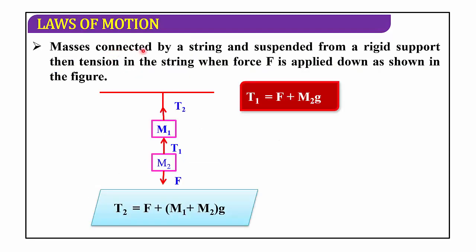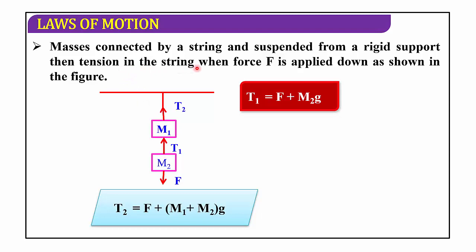Next point. Masses connected by a string. They have given two rigid bodies, M1 and M2. These two masses are connected by the string and suspended from the rigid support. This is the rigid support. With the help of this rigid support, two bodies or more than two masses are connected by the string.